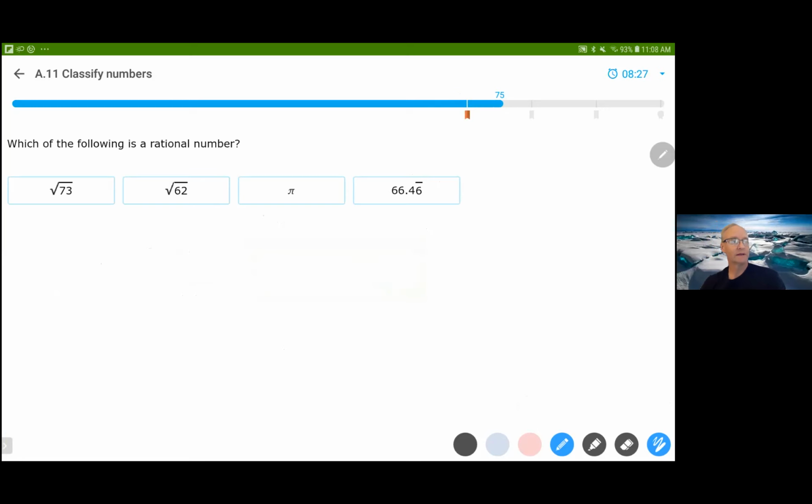Which of the following is a rational number? Well, rational numbers, remember, repeating decimals can be a rational number. To prove it, this one's a lot tougher to see. It's only the 6 that gets repeated. So this is 66 plus 4/10. But then we've got the 6 over 90.